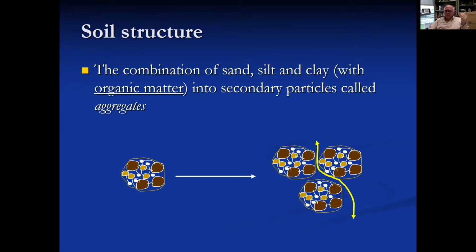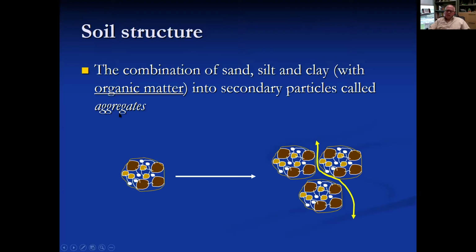And we said even though there's very little organic matter in the overall percentage of the system, it's the combination of all of the mineral fraction with that little tiny fraction of organic matter that really makes all the difference. When organic matter begins to interact with soil particles, we get the formation in soils of secondary particles that we call aggregates. Now, these aren't clods.